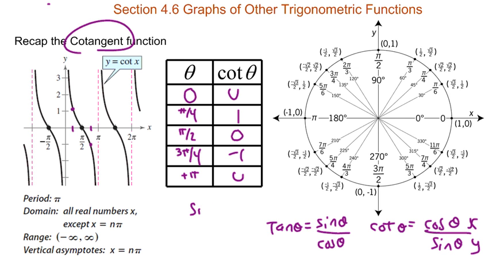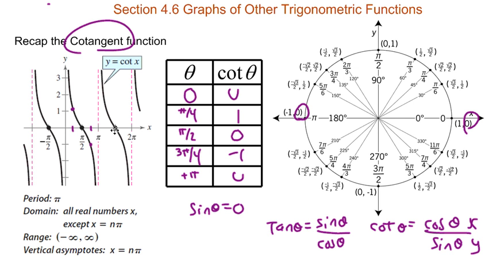So what thetas are 0 here? Those are all the y coordinates. See how that's a y coordinate of 0, and that's a y coordinate of 0? So at 0, at pi, at 2 pi, at 3 pi, at 4 pi, that's why we have these vertical asymptotes.